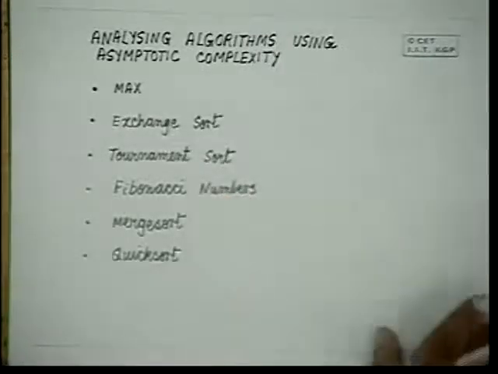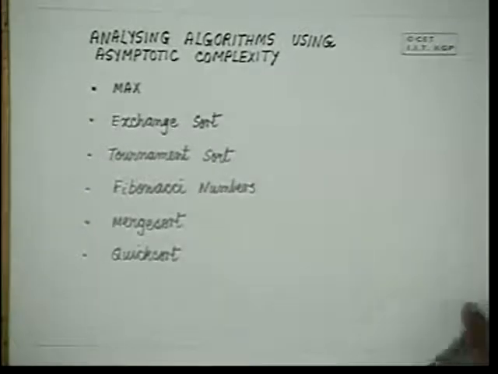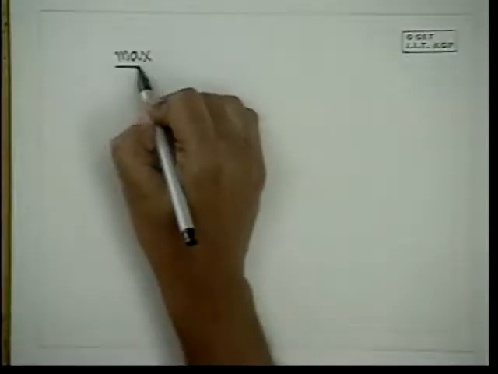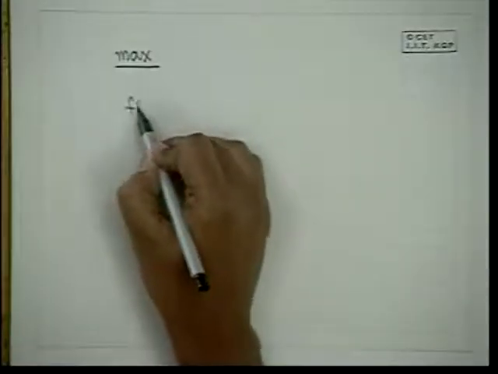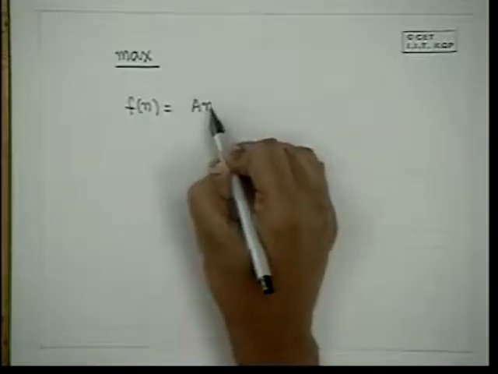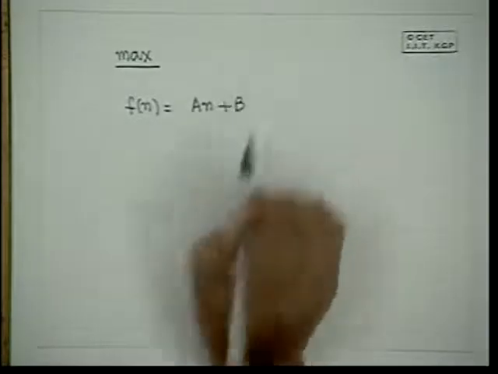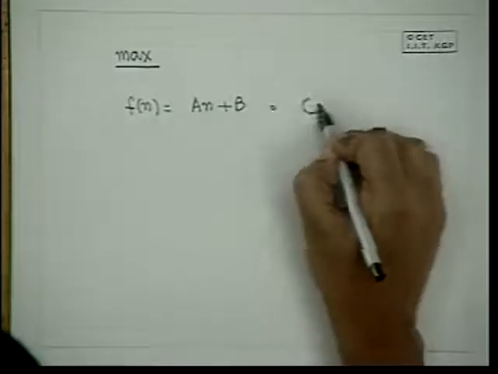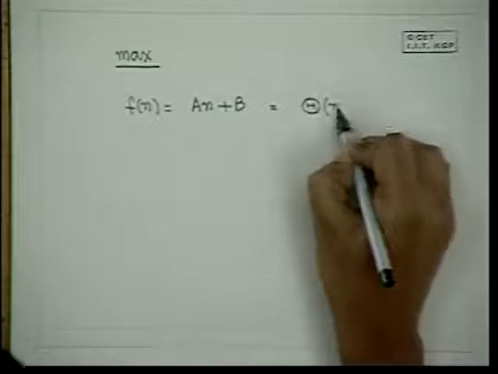The maximum of n numbers was something which we did in the previous class, and without writing the routine again, we found out that Fn is of the form An plus b, and we can say this is order n.